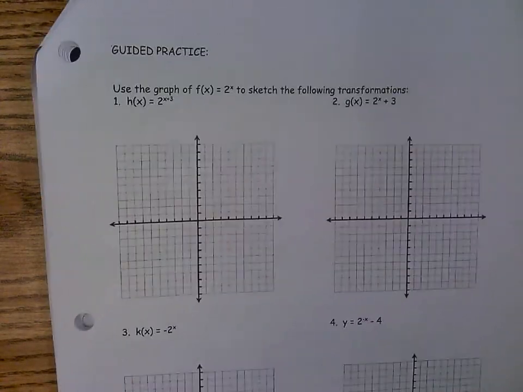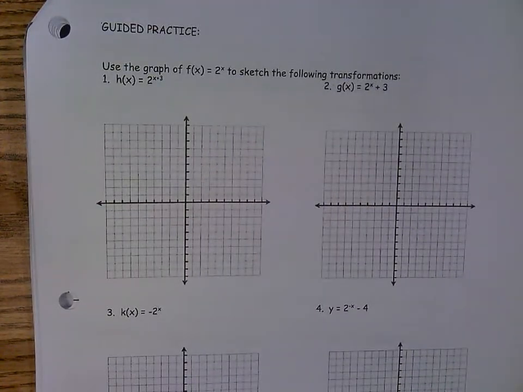So we're going to just do it with 2 to the x. But on a quiz or a test, I might put 3 to the x or 5 to the x, because the only thing that changes is the steepness, right? If I pulled out 5 to the x, what are 3 key points that would lie on this curve? Anything to the 0 power is 1, right?